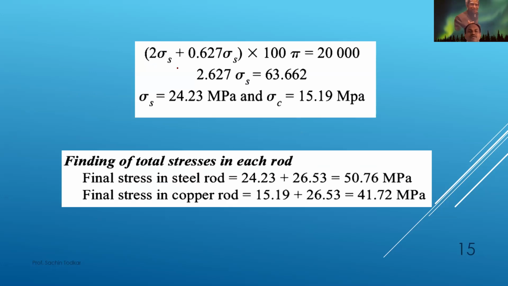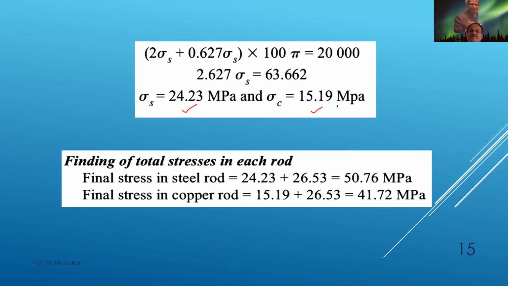So 2 times sigma s plus 0.627 sigma s, into 100 pi, which is nothing but your cross-sectional area, is equal to 20,000. So we'll get sigma s equal to 24.23 megapascal and sigma c equal to 15.19 megapascal.